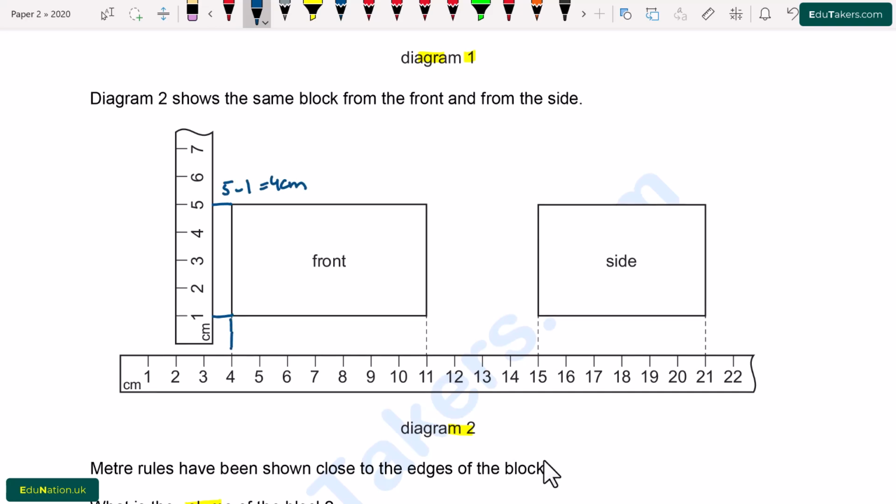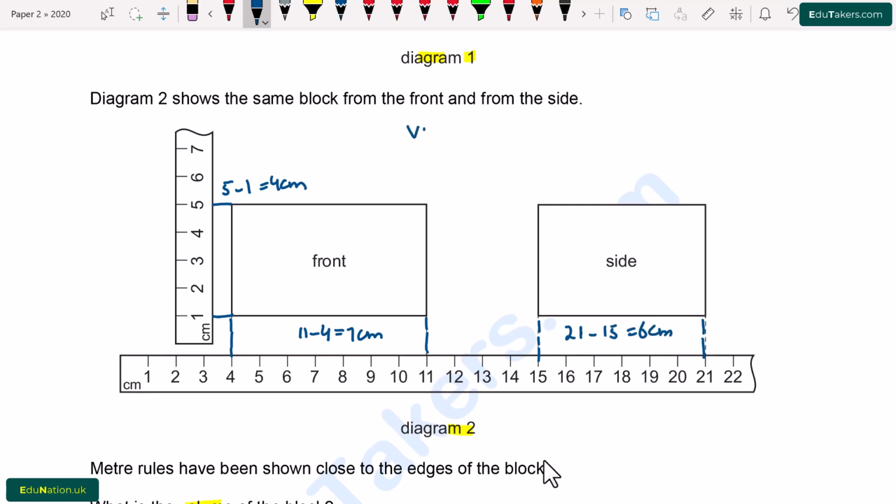Now we consider the other side, this one. Here 11 minus 4 is equal to 7 centimeter, and the last side is 15 and 21. So 21 minus 15 is equal to 6 centimeter.